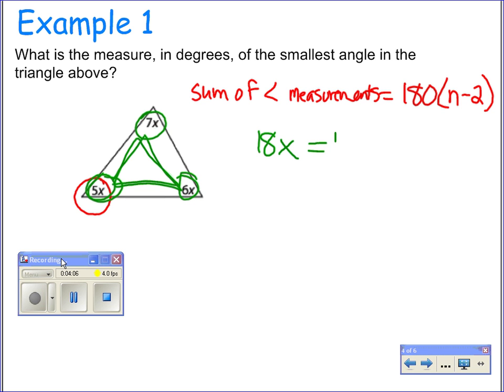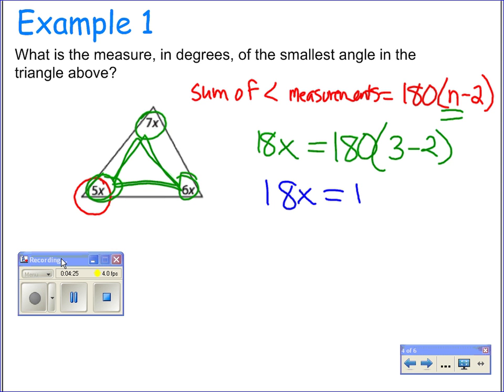You are going to set that equal to 180 in parentheses, and n represents the number of sides. Well, you know in a triangle, there's 3 sides. So we have 3 minus 2. I'm going to rewrite that as 18x is equal to 180 times 1, because in order of operations, you want to take care of grouping symbols first, which is 3 minus 2, which is 1.